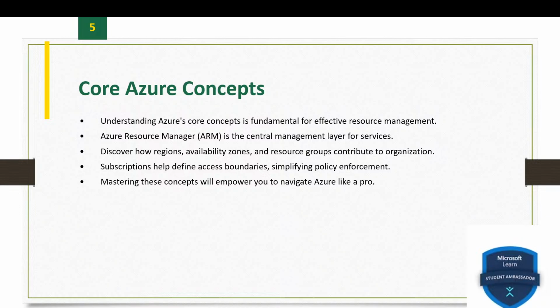ARM integrates with Azure's role-based access control, allowing you to define fine-grained access controls of resources. And tagging. ARM supports tagging, which allows you to attach metadata to resources for better organization and cost management.